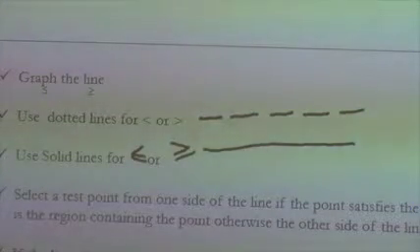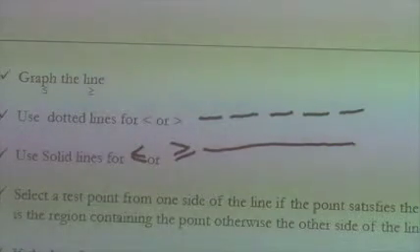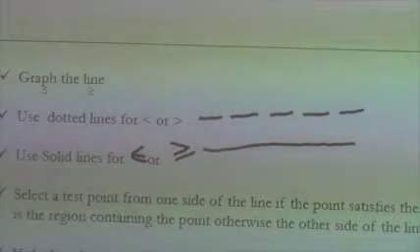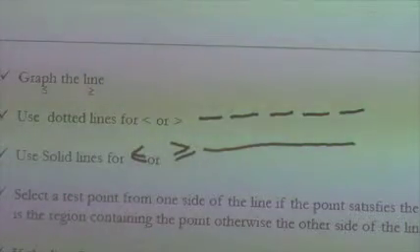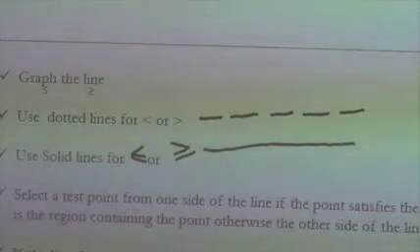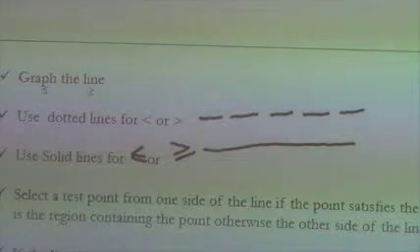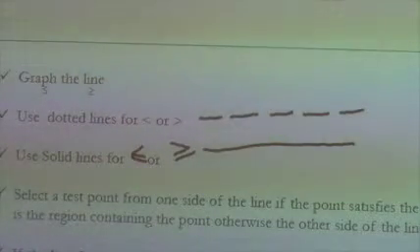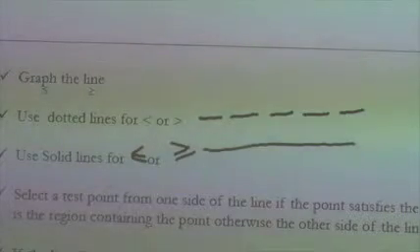Now, how do we solve it? Once we've graphed the boundary line, we select a test point from either one of the sides of the boundary line. We substitute that point into the inequality, and if it satisfies the inequality, then the side which contains that point will contain all solutions of that inequality.